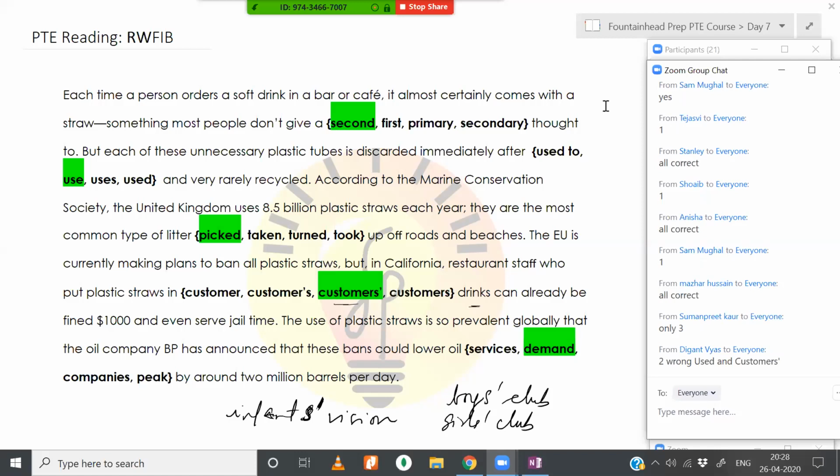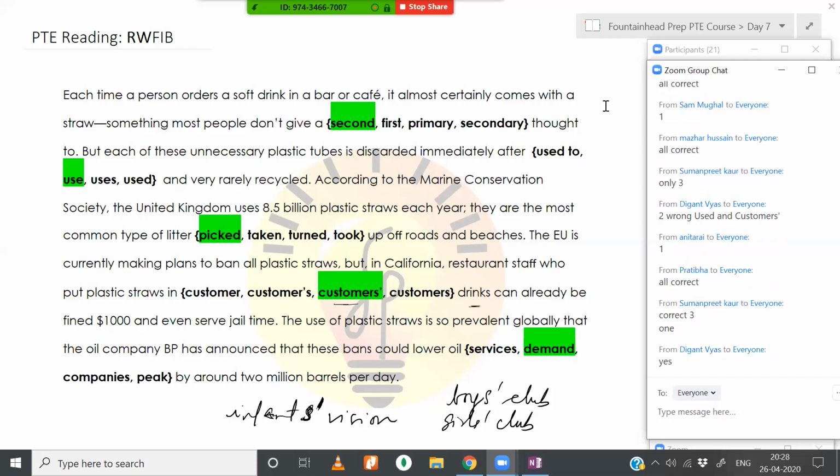Is it clear why it is not used in customers? Okay, fine. Correct 3. Okay, one error, good. All right, super.